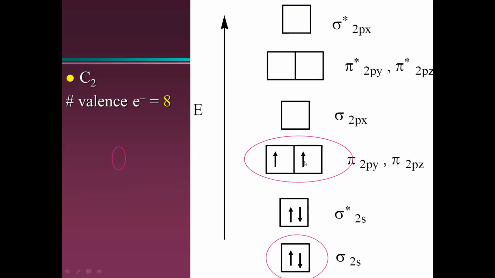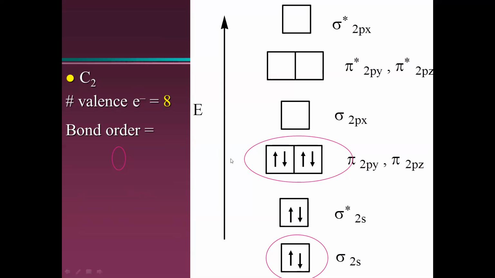If you have 2 electrons, you should put them into 2 different orbitals, not put 2 into one and leave the other empty. That goes against Hund's rule. Only after each orbital gets 1 electron can you put a second electron there. And this is the molecular orbital diagram for carbon.